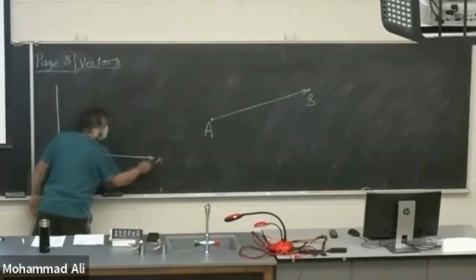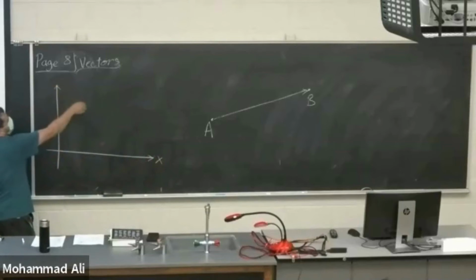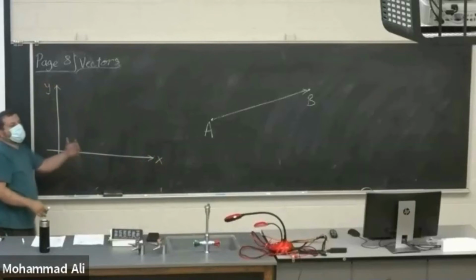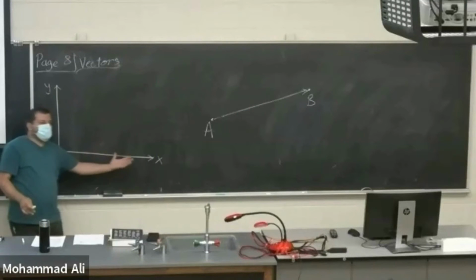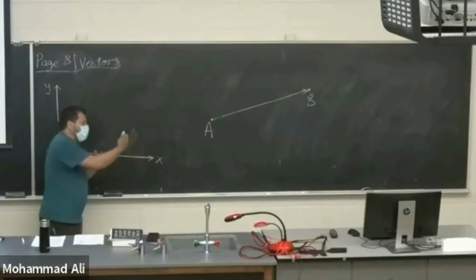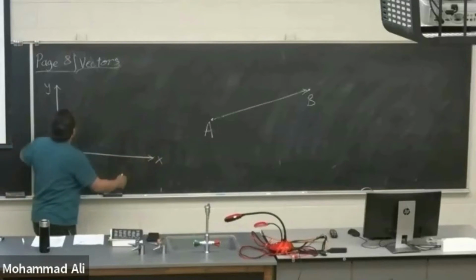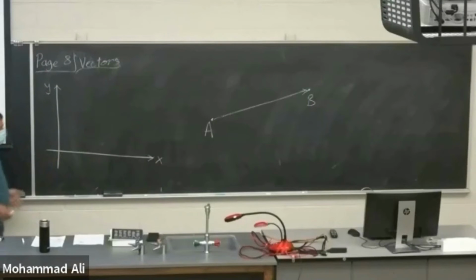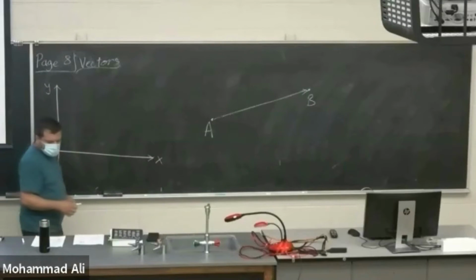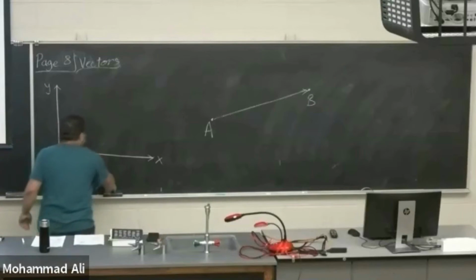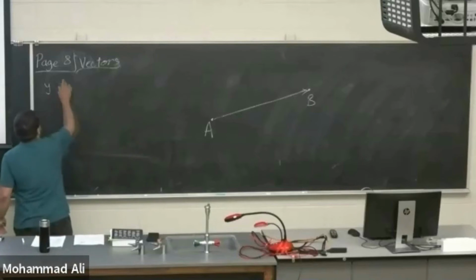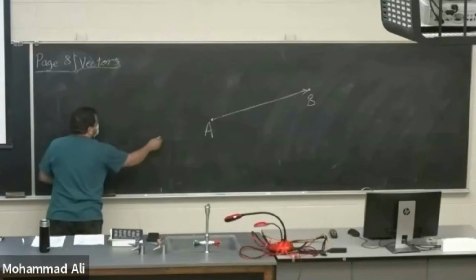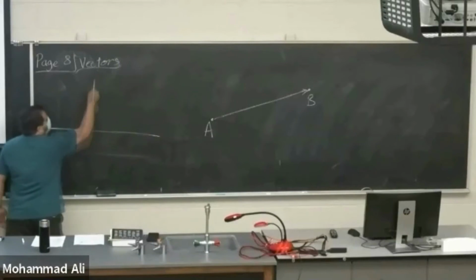We know that this is the X direction, positive X, and this is the Y. We also talked about X meaning to the right or to the east, and Y being to the north or upward. Now we'll deal with some vectors. I'll try to draw the whole plane with positive and negative parts. Maybe we will use them.